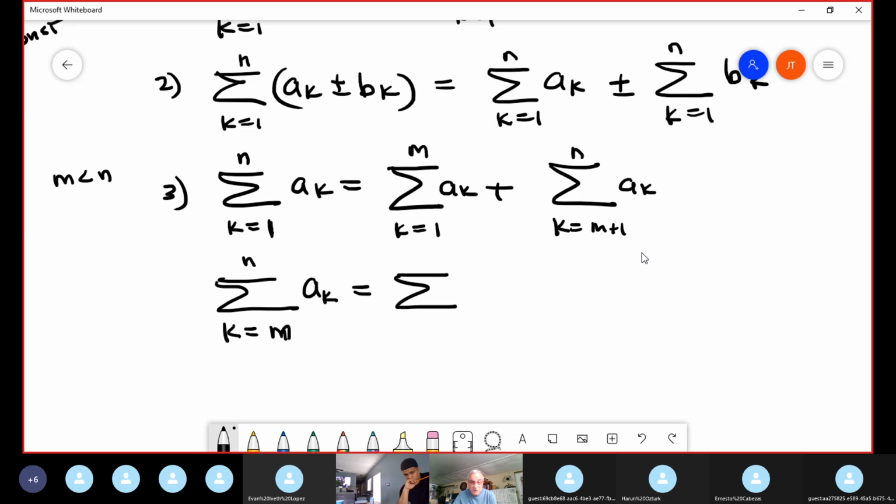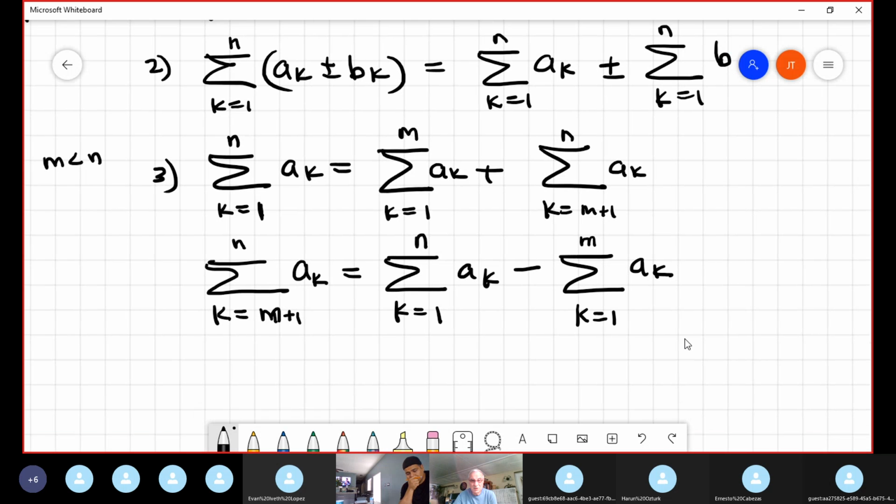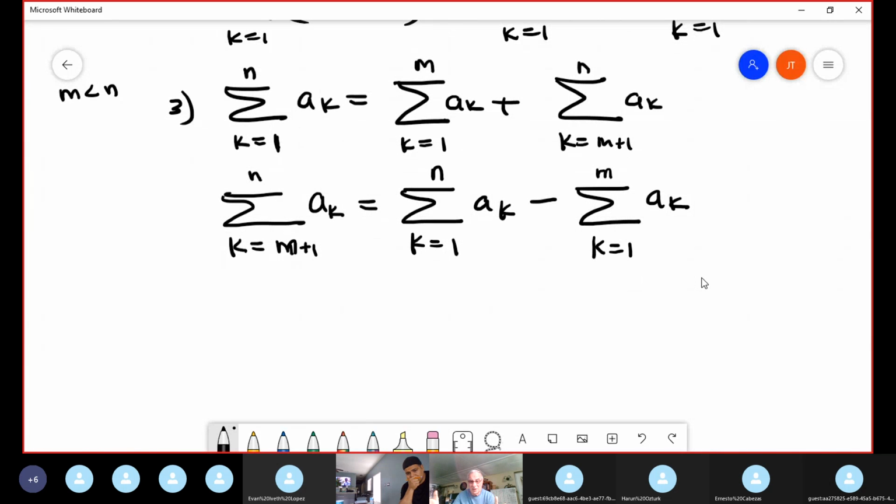Suppose that we start at 1 to n, and subtraction, starting at 1 to m minus 1, which is the same as m to n of a sub k. Let's see in some example this, that you can separate. You have 100 elements, you separate in 60 and 40 the summation. This is the idea behind this property. There's no science fiction, it's normal.